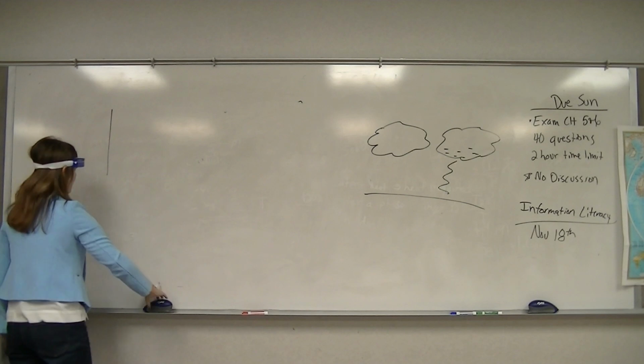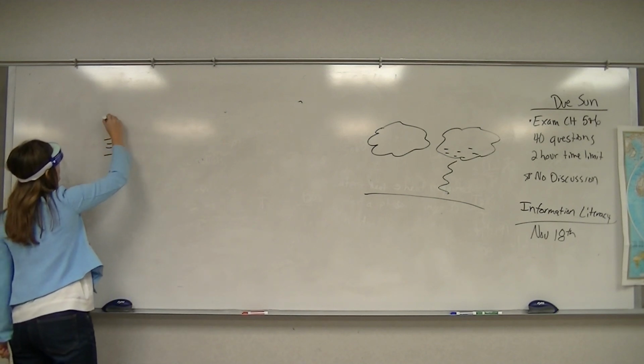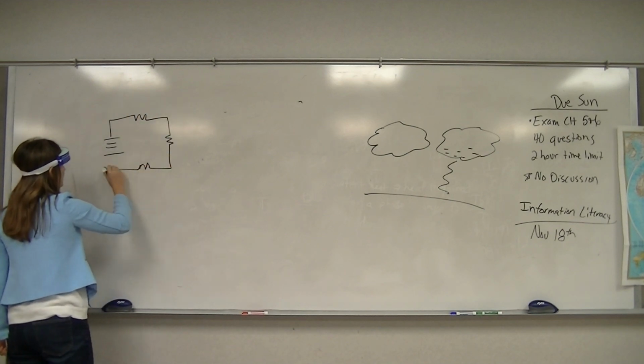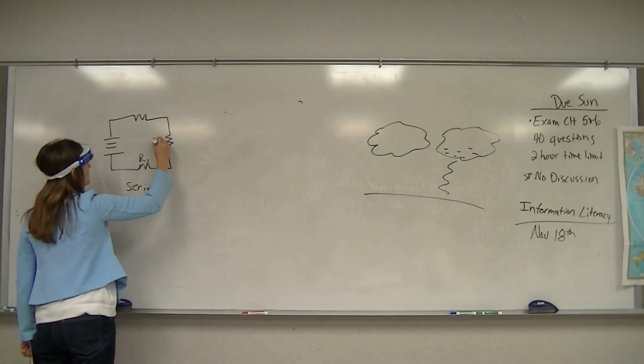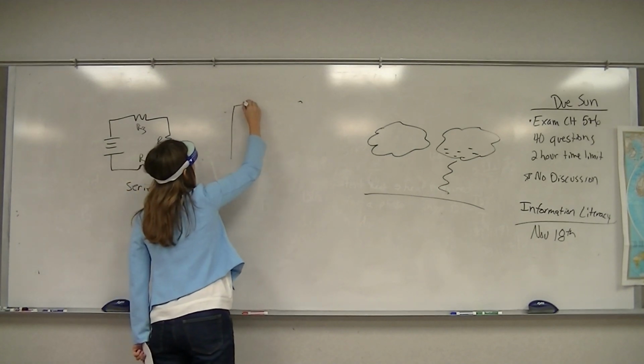We had a series circuit and a parallel circuit. So this is series where we have one after another with our resistors. And then we have parallel.